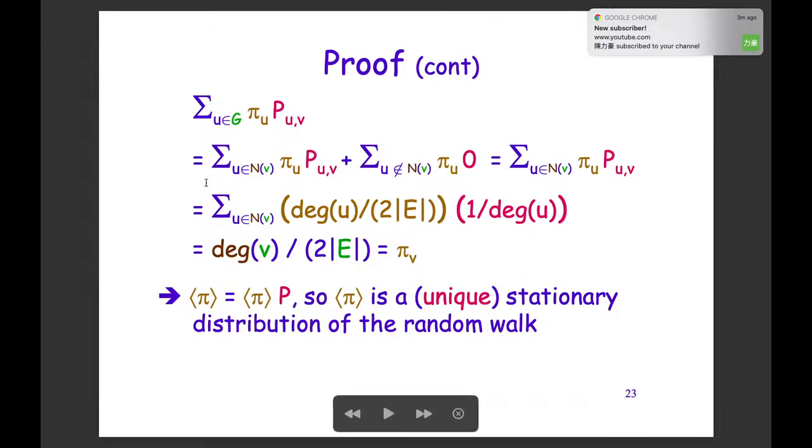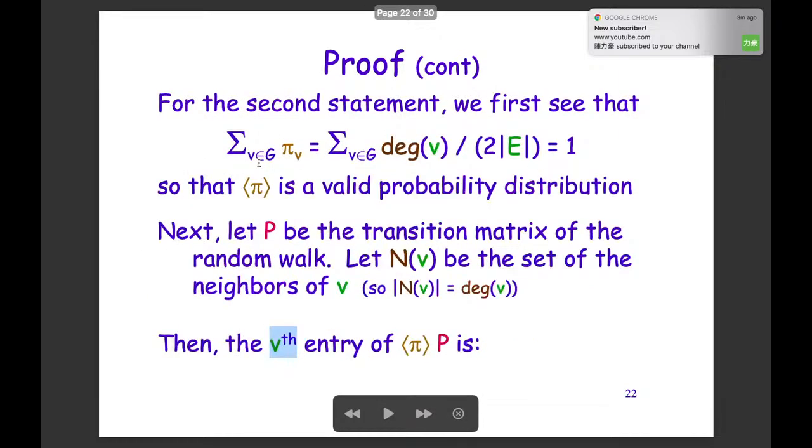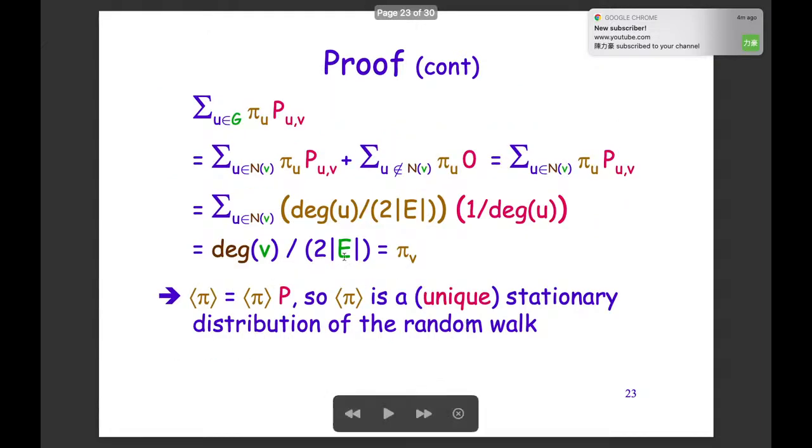To compute it, we need to find, for different states, the chance that each contributes to the probability in the next step. So we sum the chance that we are at state u now, multiplied by the probability that we move from state u to state v: pi u times P u v.